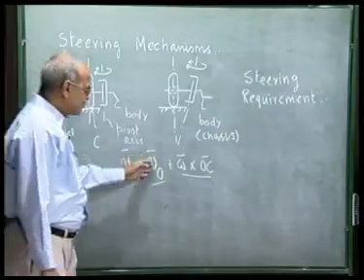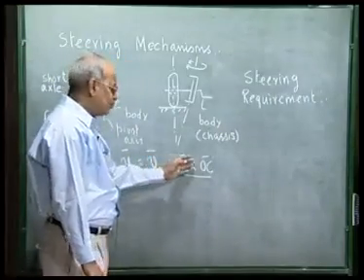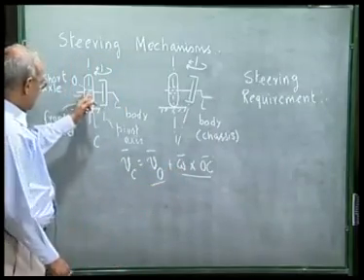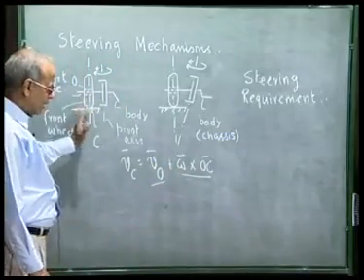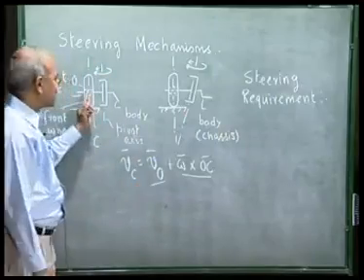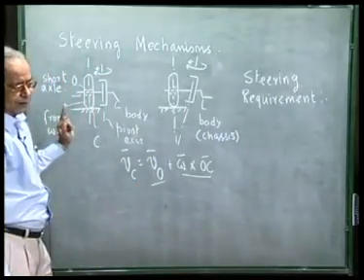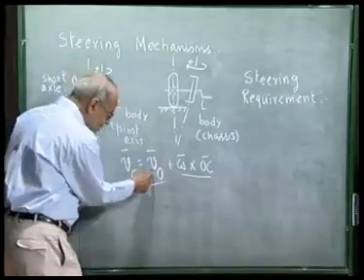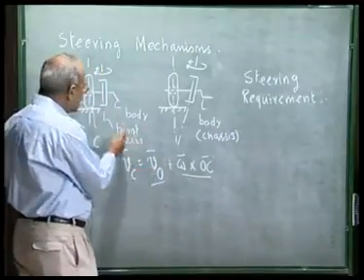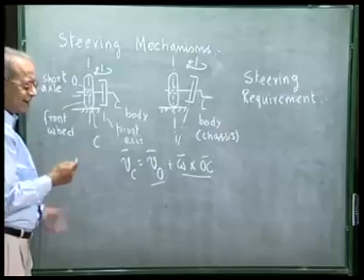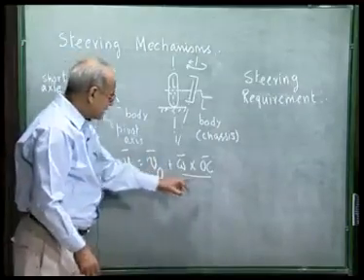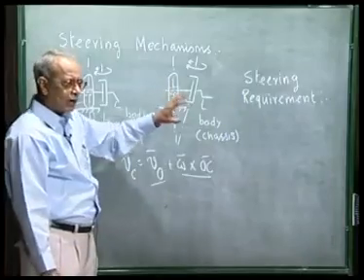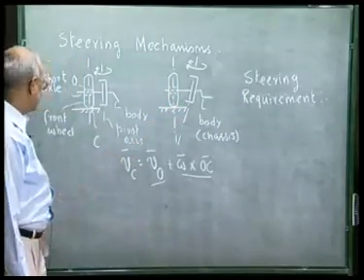That means these two vectors must lie in one plane. Now, omega cross OC lies in the plane of the wheel. So, VO must lie in the plane of the wheel. This is the basic steering requirement, that the velocity of the center of the wheel must lie in the plane of the wheel, such that when the wheel rotates, the contact point velocity can be 0, that is, the perfect rolling condition can be maintained.